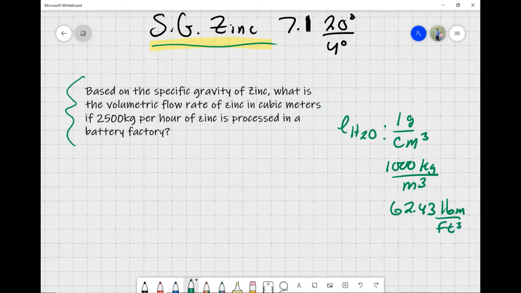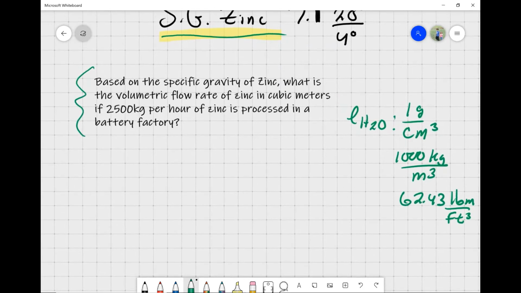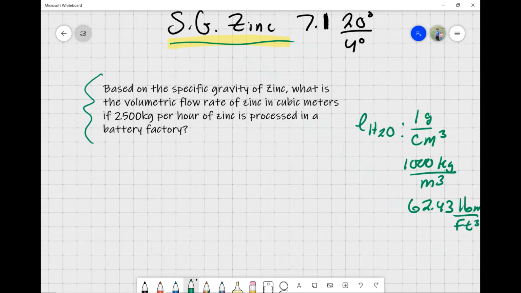Maybe I should have done this in English units, but let's go ahead and do it with kilograms. The freedom this gives us is that we can figure out the density of zinc in whatever unit we want. It's a little shortcut.